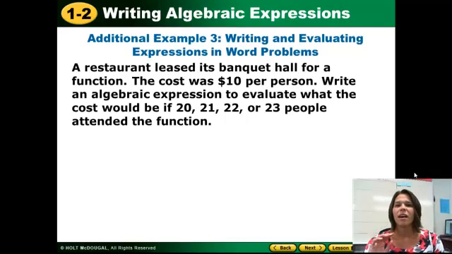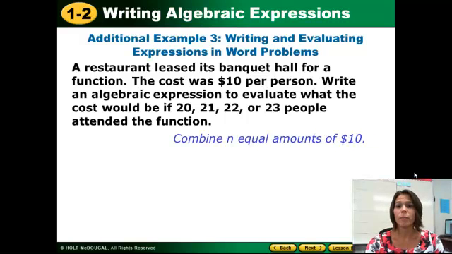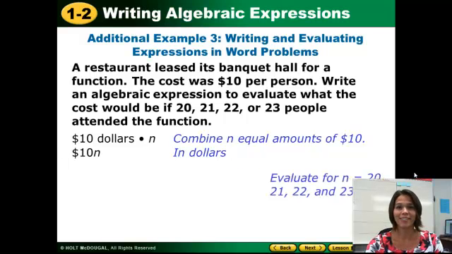I have to find for 20 people all the way up to 23 people. So $10 per person. I'm increasing, so I'm multiplying or adding, combining n equal amounts of $10. So $10 times n.